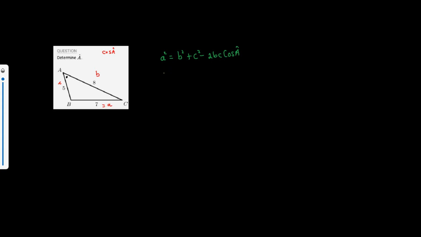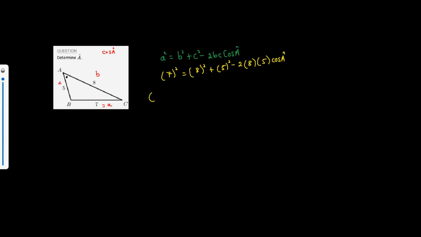Yes, it's going to be 7 squared is equal to 8 squared, because angle A is now the included angle, plus 5 squared minus 2 times 8 times 5 cos angle A. Then you can use your maths and make cos A the subject of the formula.